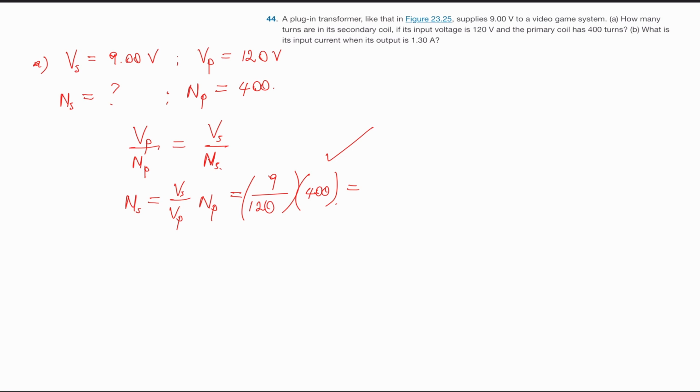Now let's move on to part B. In part B, we're asked to determine what is the input current, given that the output is 1.3. So we are clueless about the primary side, about the current on the primary side, but we are informed about the current in the secondary side. This is 1.3 amperes.